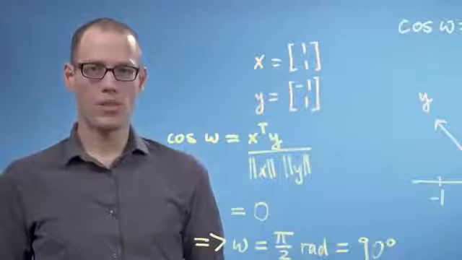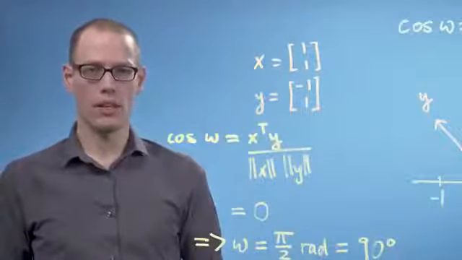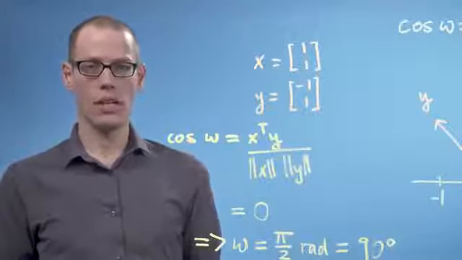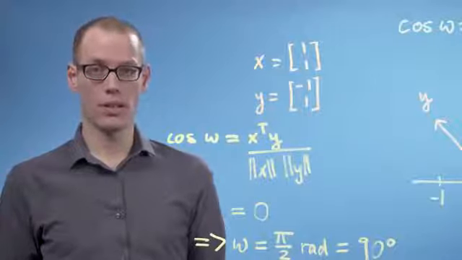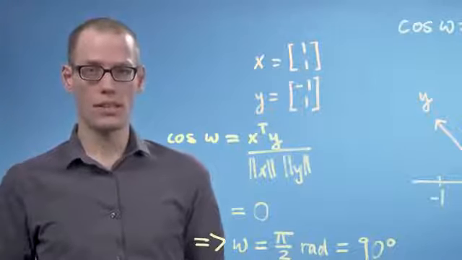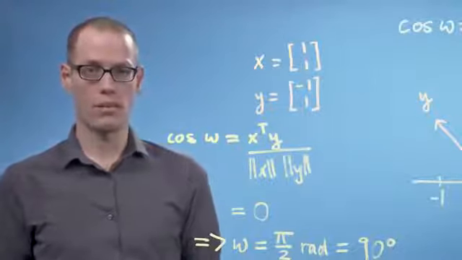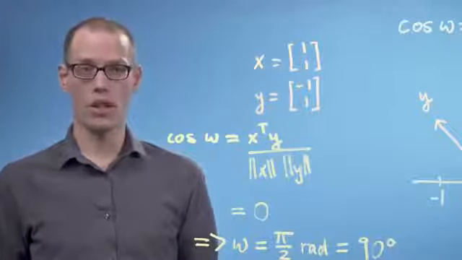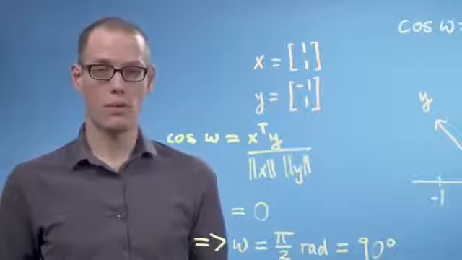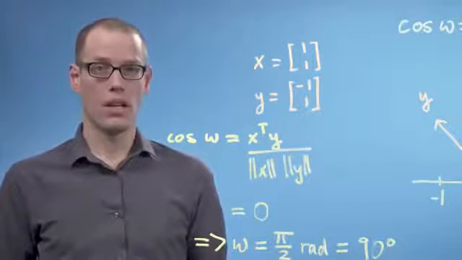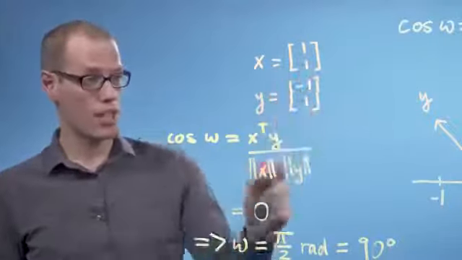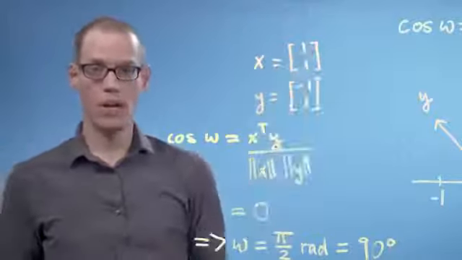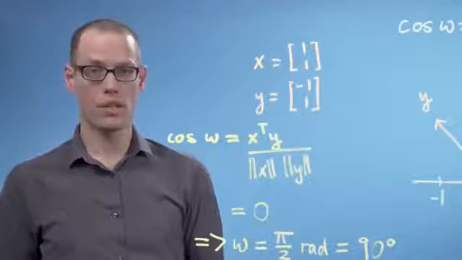Generally, the inner product allows us to characterize orthogonality. Two vectors x and y, where x and y are non-zero vectors, are orthogonal if and only if their inner product is 0. This also means that orthogonality is defined with respect to an inner product, and vectors that are orthogonal with respect to one inner product do not have to be orthogonal with respect to another inner product. Let's take these two vectors that we just had, where the dot product gave that they are orthogonal, but now we're going to choose a different inner product.